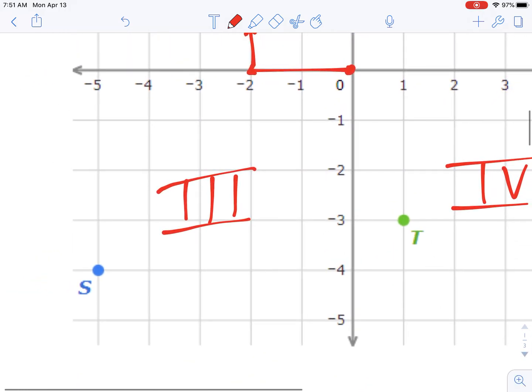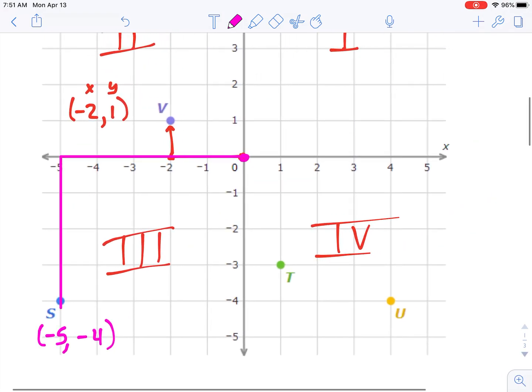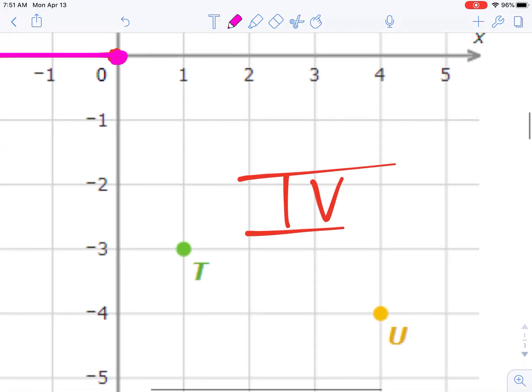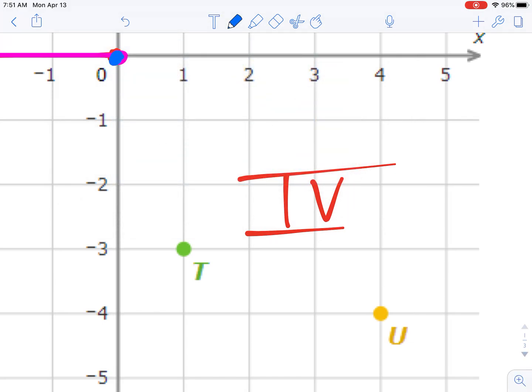What about our s? For our s, start at your origin. Always go left or right first. We go left to -5, and then how much did we go down? We went down 4, so -4. Now we're in quadrant 4 for this t. How did we move? Always start at the origin.